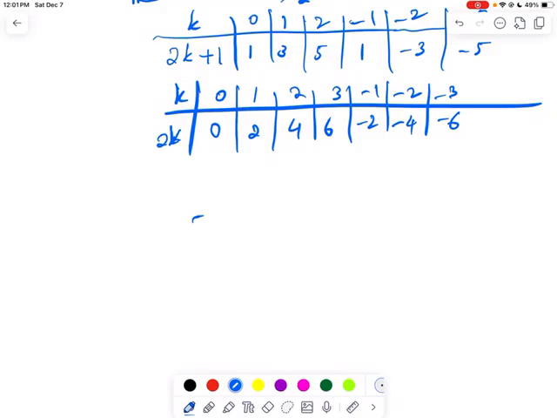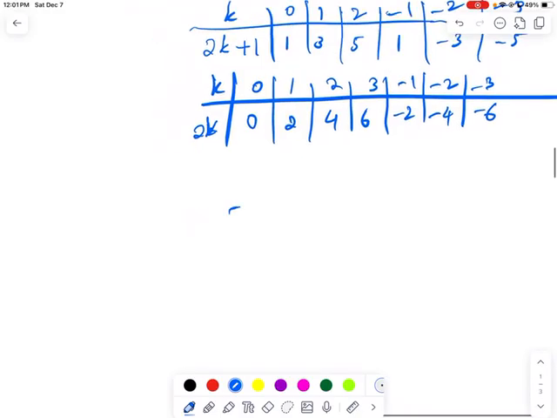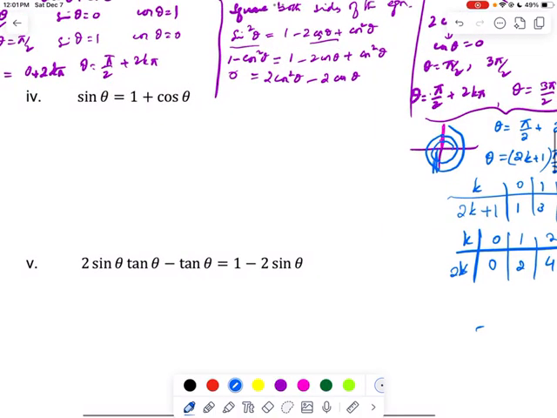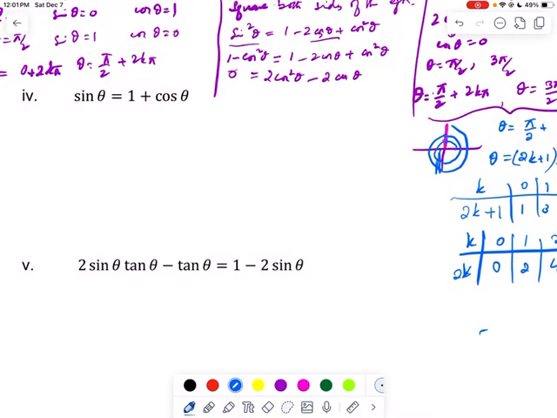Okay, so again, this example as well we can do by the other form. What was the other way? By thinking. Yeah, so our final answer was over here.